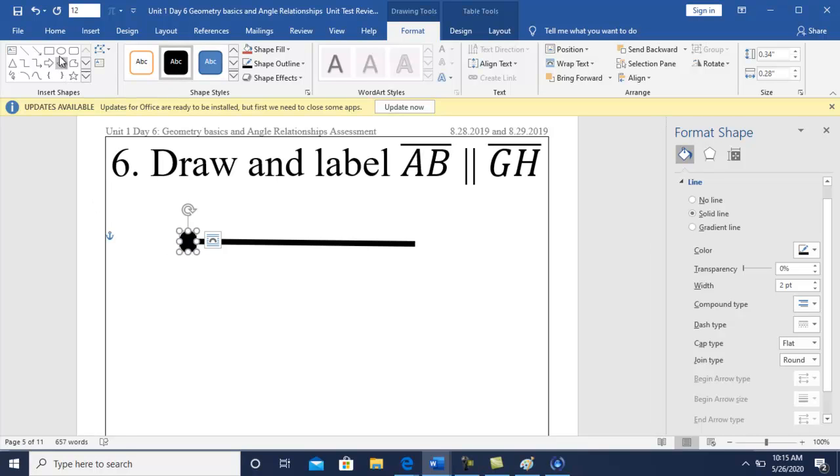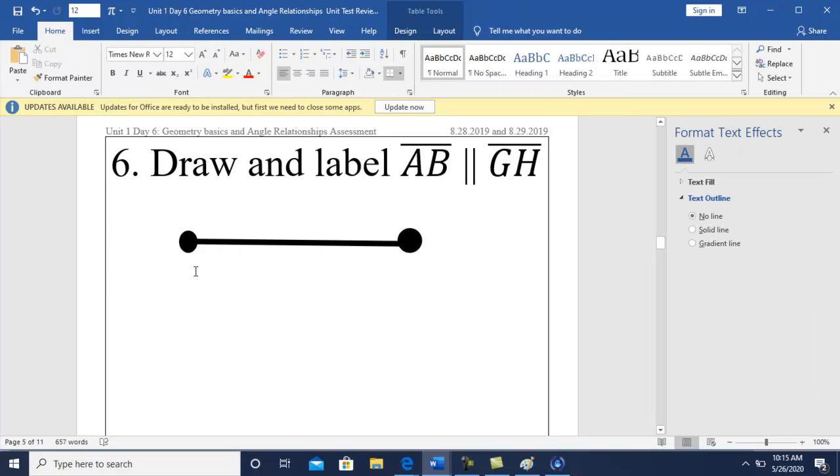And do one more. That point's a little big, but it's all right. And this one's going to be AB. So there's A and there's B.